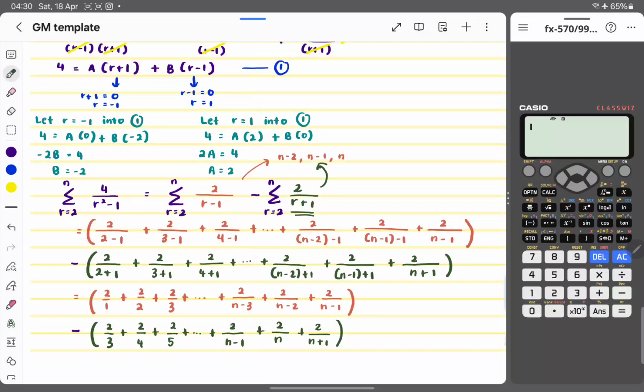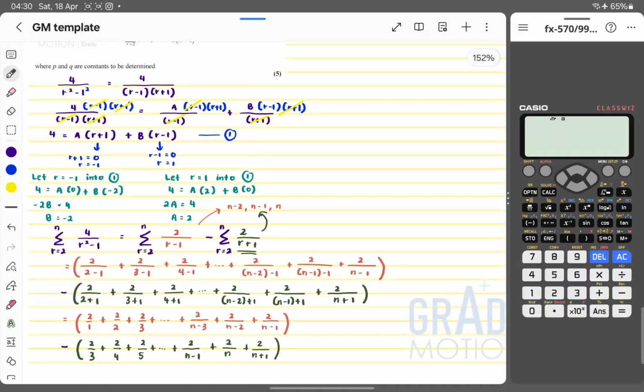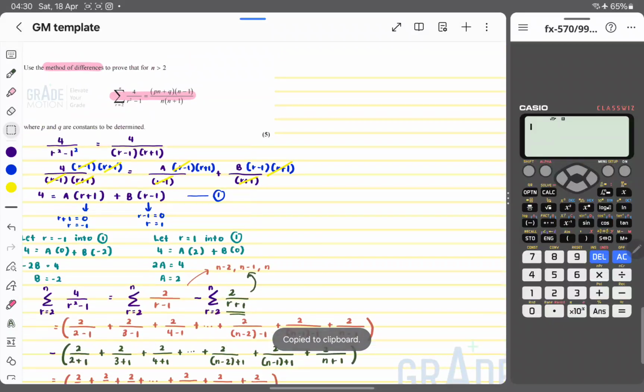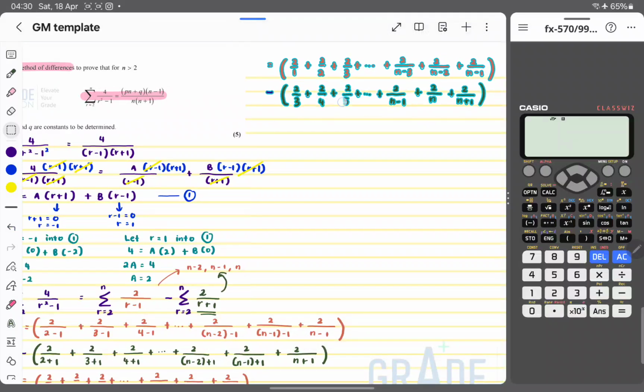Okay. Now let's see, we have some values that we can add in the middle to make sure that when we cancel the terms, it will be easier. Let me continue with our computation up here.